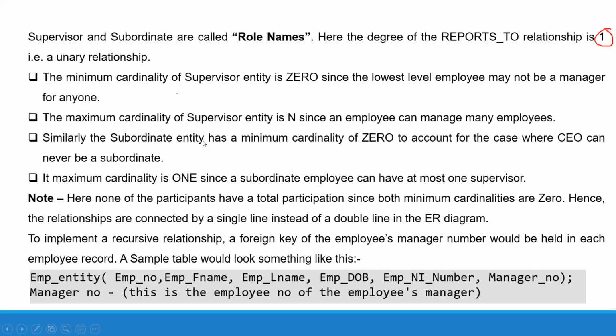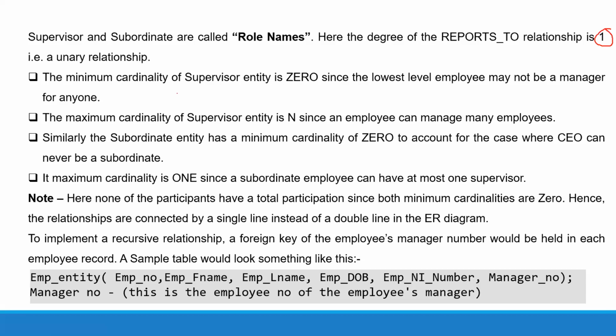The minimum cardinality of the supervisor entity is 0, since the lowest level employee may not be a manager for anyone. The people who are working at a lower level are not managers to anyone.